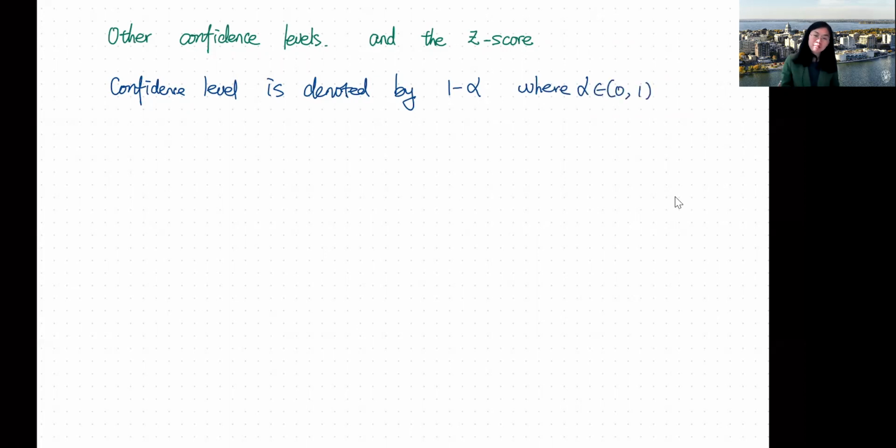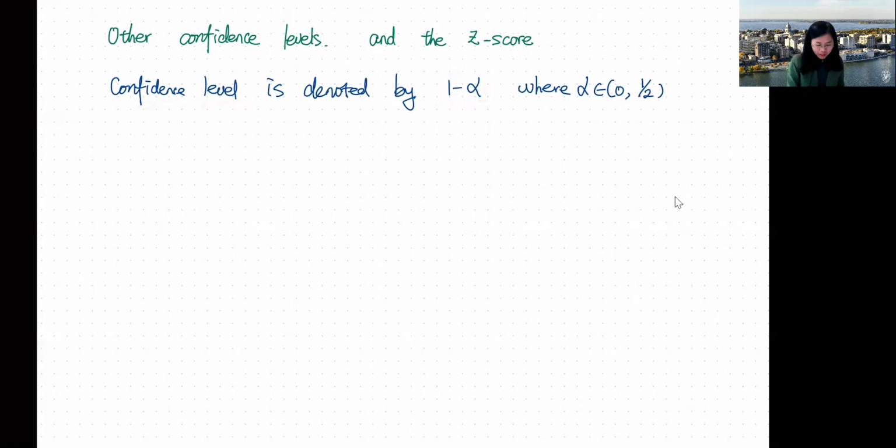Typically alpha is a smaller probability, between 0 and 1/2. In principle, it can be between 0 and 1, but if alpha is close to 1, then you're looking at a confidence interval of a very low confidence level, and that wouldn't be very useful. So typically alpha is between 0 and 0.5, and the confidence level is 1 minus alpha.